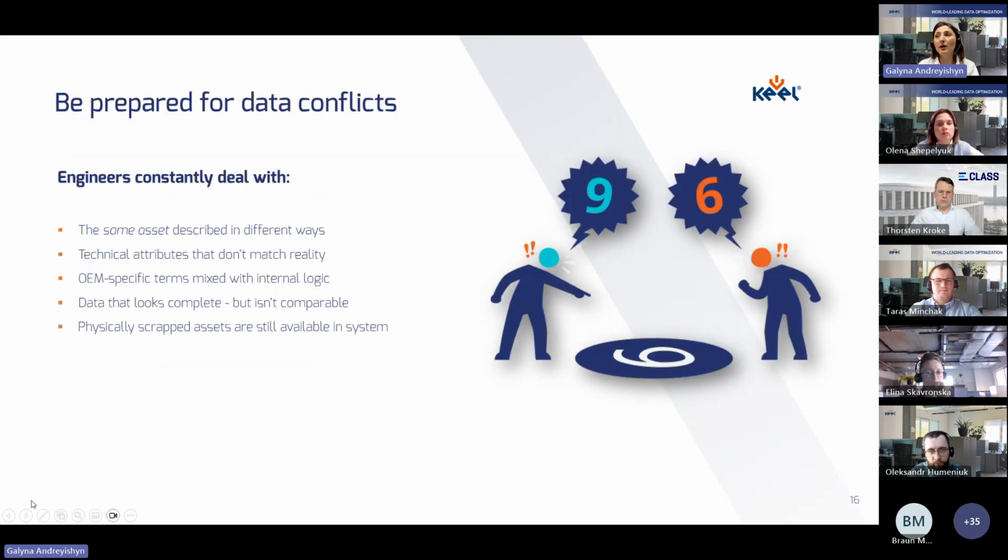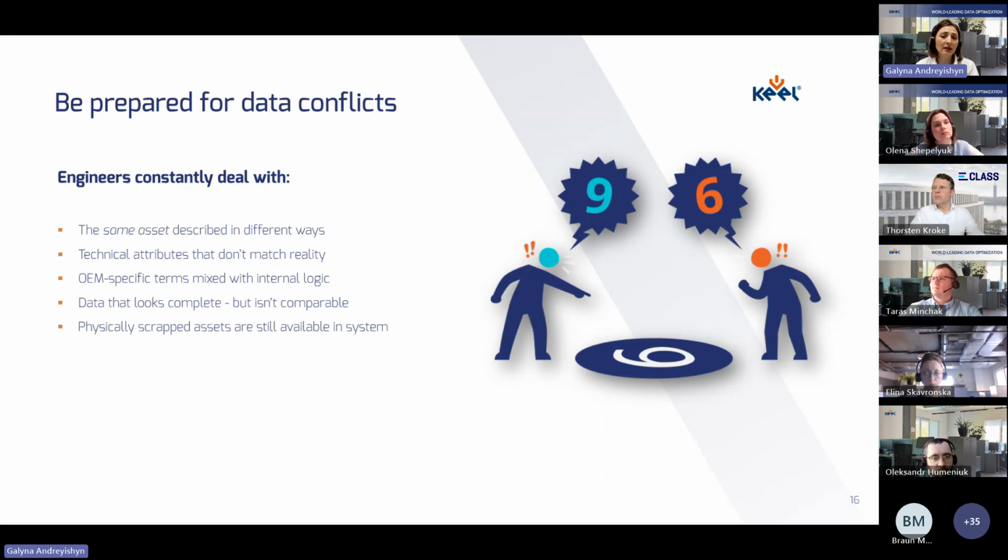And the next one, be prepared for data conflicts. At the very beginning, it's important to understand that classification does not eliminate complexity. It makes inconsistencies visible. And that visibility is the first step toward improvement. While starting a classification project, you will inevitably reveal data conflicts.